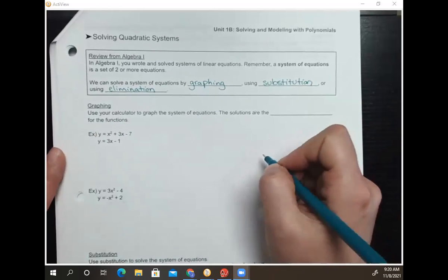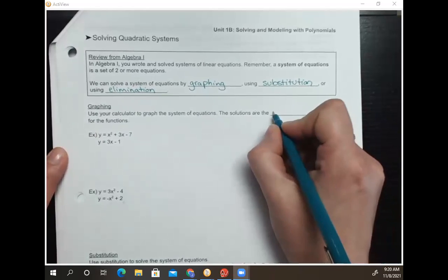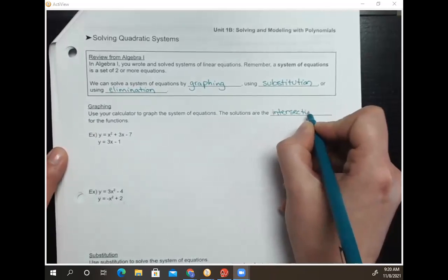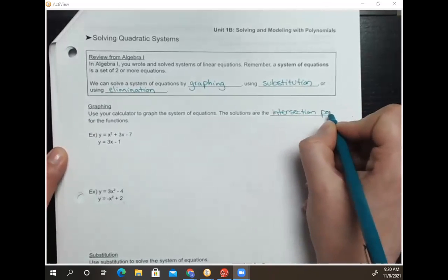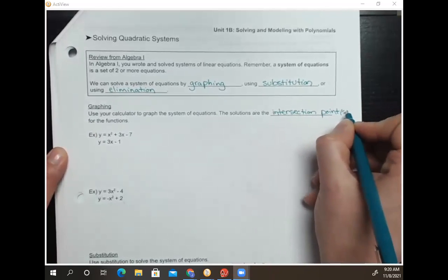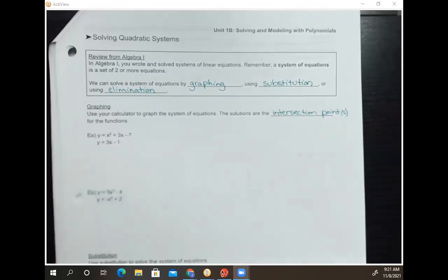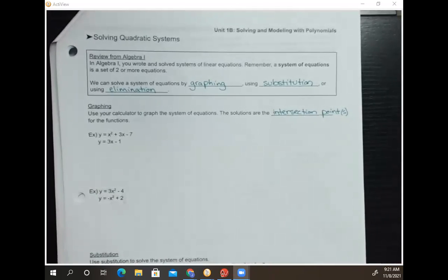The solutions when we're graphing are going to be the intersection points, maybe points plural, where those 2 graphs meet, where those 2 graphs intersect. This is the same idea as when we were solving linear functions by graphing.